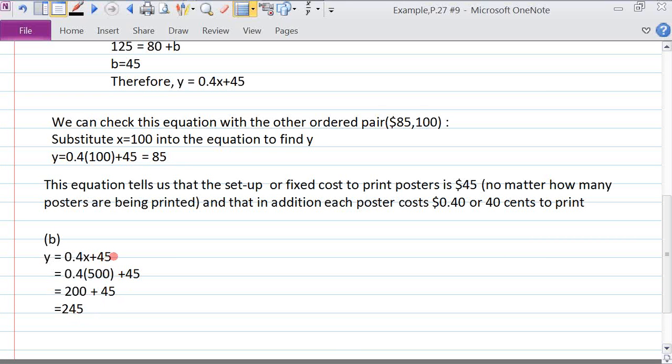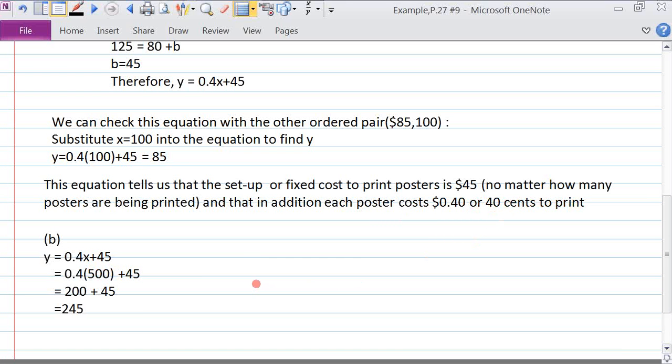So here we have the fixed cost. Here we have the variable cost, which will depend on the number of posters printed. So you have a 45 base cost, no matter how many you want. And then, in a sense, what you're saying is that for each poster that you want printed, it's 40 cents.